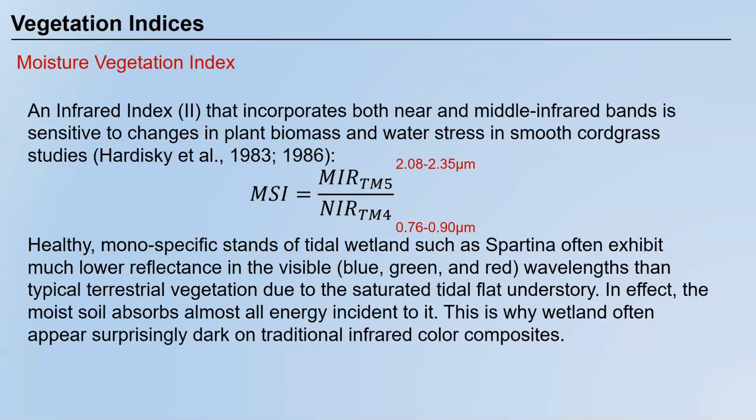If you get back to the very beginning of this lecture, we talked about the role of water in vegetation in terms of reflectance, right? Water has very strong absorption in the mid-infrared band.